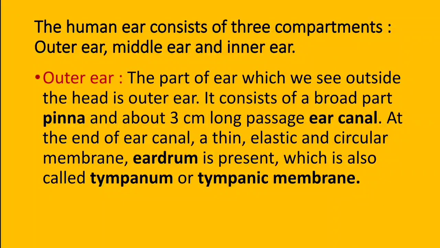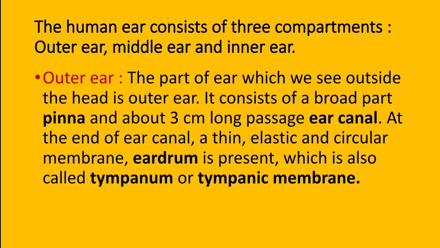The human ear consists of three compartments: outer ear, middle ear, and inner ear. Now, the outer ear. The part of the ear which we see outside the head is the outer ear.